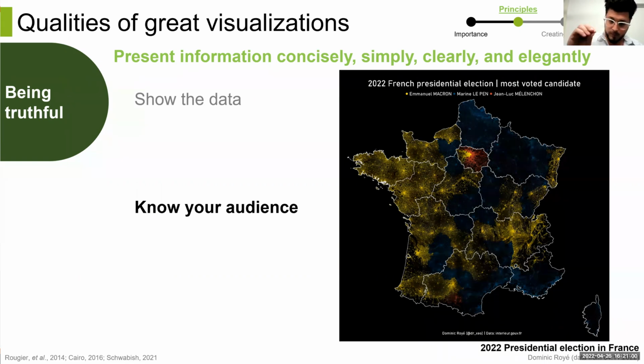In this case, it's extremely important because Marine Le Pen is a representative of the far right political movement in France, and a potential victory of hers would have really drastic consequences for the future of France and the European Union. Any other thoughts on how this graph can be improved in the sense of knowing your audience?